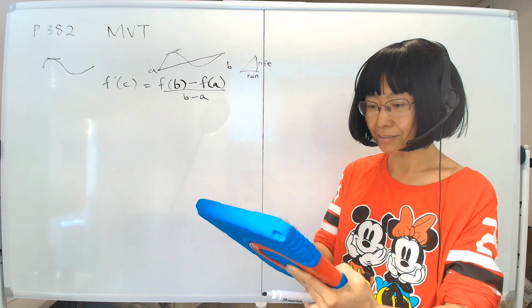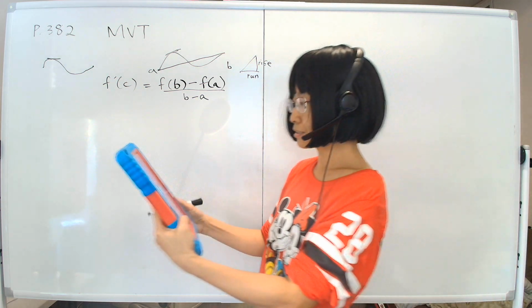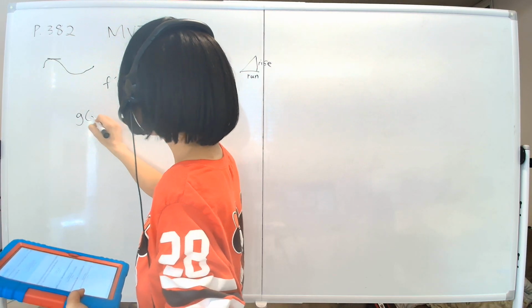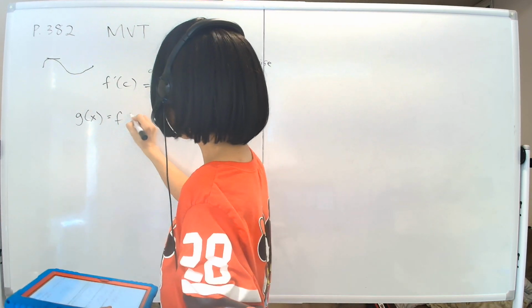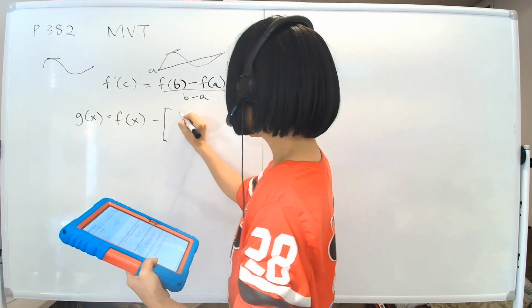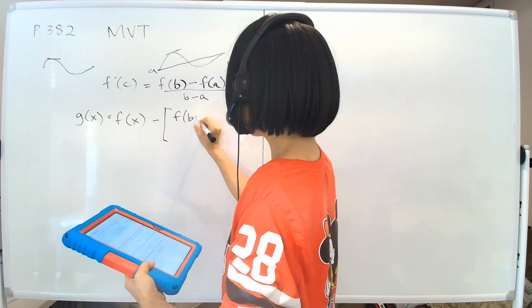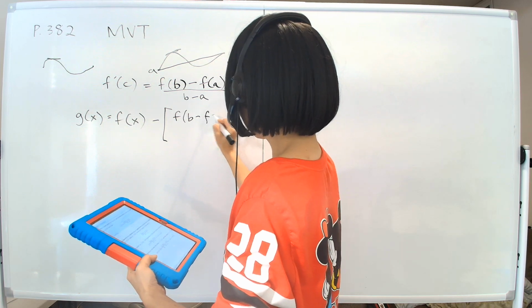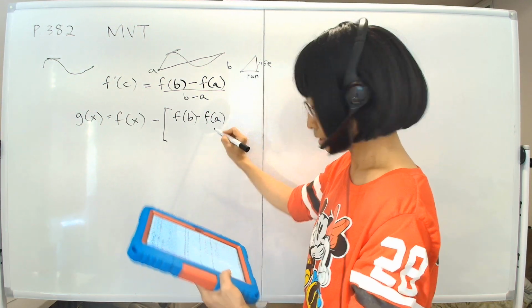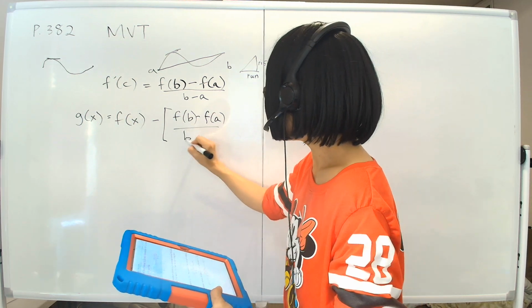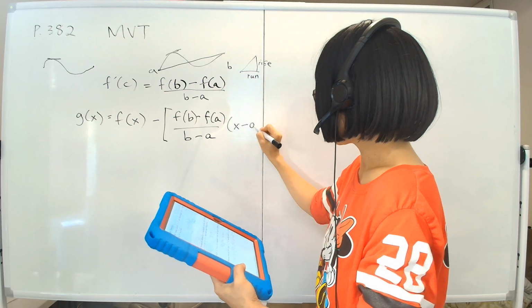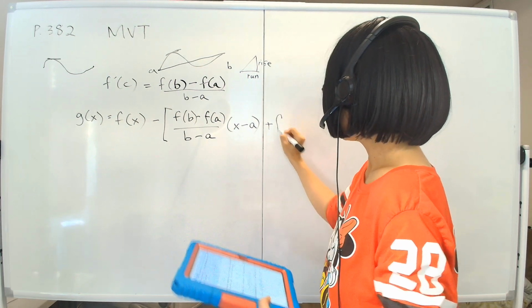The trick is this particular function: g of x equals f of x minus f of b minus f of a over b minus a, times x minus a, plus f of a.